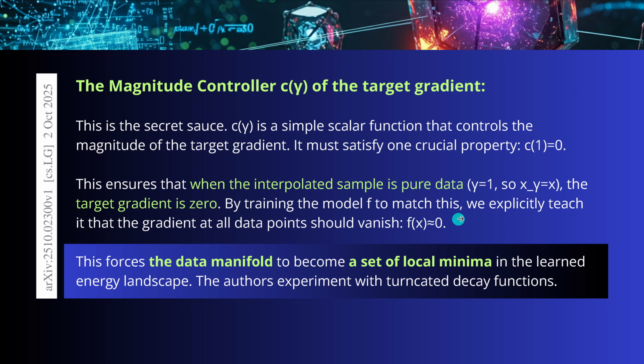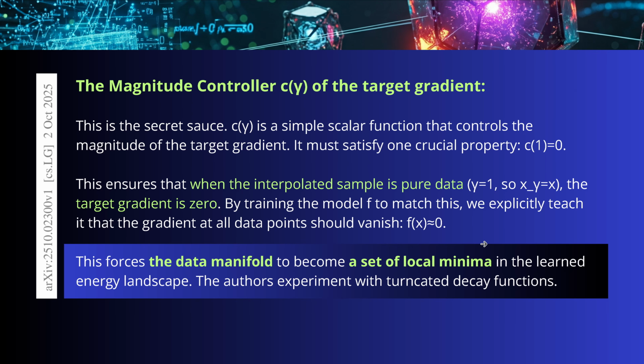And now a sentence that broke my brain. Because there's a hidden information theory behind this sentence. Can you feel it? This forces the data manifold to become a set of local minima in the learned energy landscape. We started the video with the manifold approximation and the manifold hypothesis and the reduced subspace of lower dimensionality, and now we build it in a particular way to become a set of local minima.